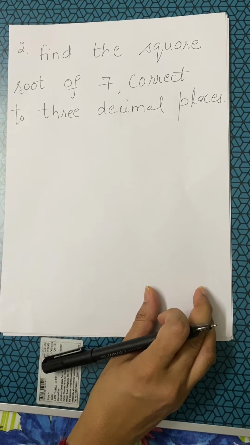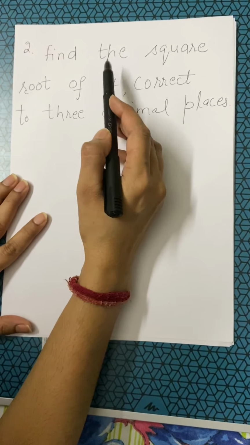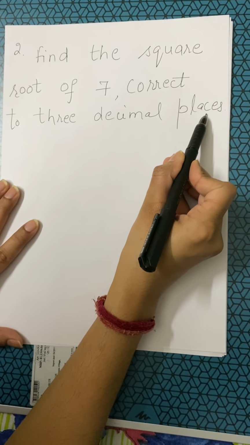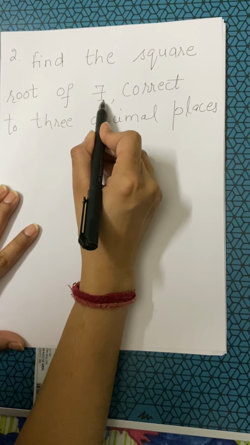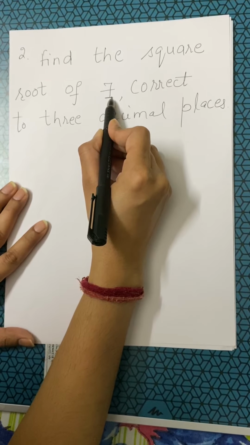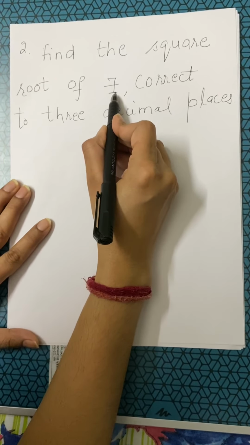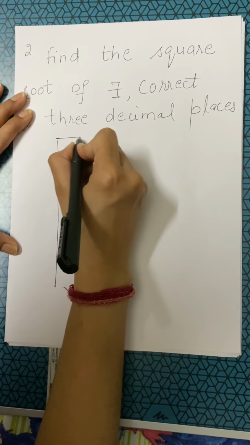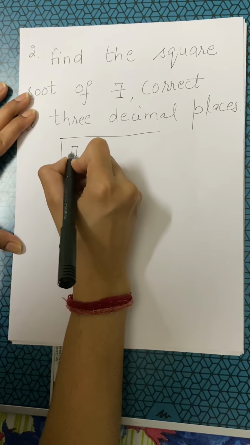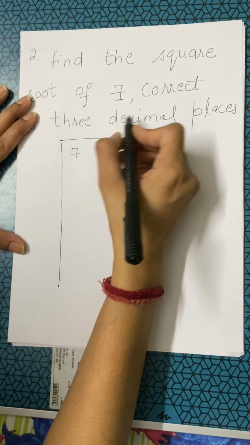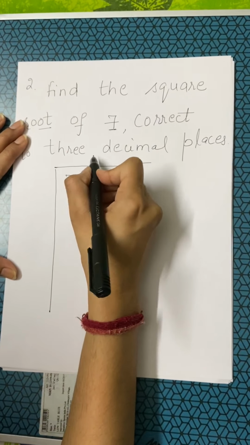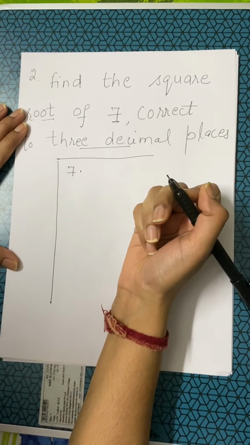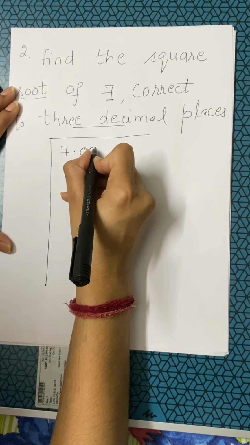Let's try this. Question number 2: find the square root of 7, correct up to 3 decimal places. Now I know 7 is not a perfect square. So what will we do in these cases? First of all, I will use that symbol. Because I need to find the square root up to 3 decimal places, I will put a decimal here and zeros.